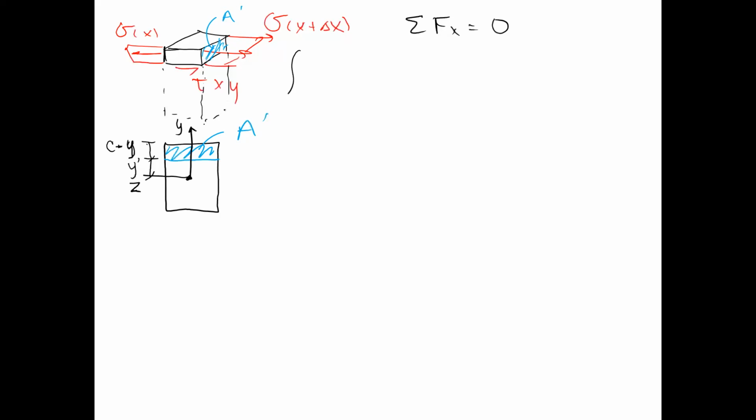There, now we can do our integration over this area, because this is the area that our normal stress is acting on. So we take our normal stress, sigma x comma y, which means that sigma is going to be different at both x and y. So we plug in the x, y that we're interested in. That gives us some stress value.